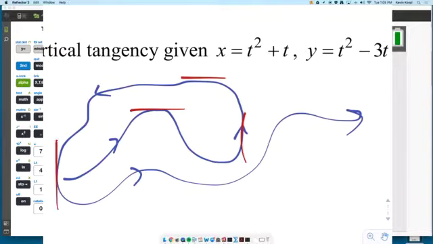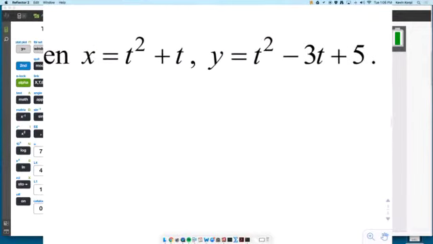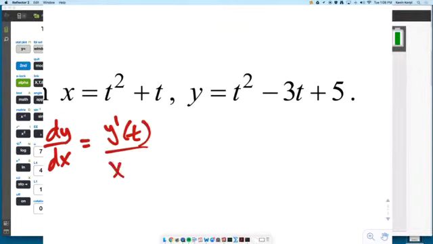This one has several. So we still want to know where does dy/dx equal 0 and where does dy/dx equal non-zero over 0. To do that, we're going to need the derivative. So let's do it the first way that we did. dy/dx equals y prime of t over x prime of t.